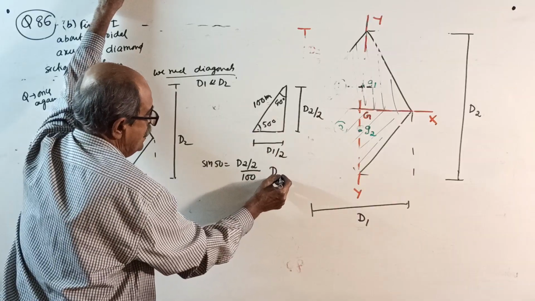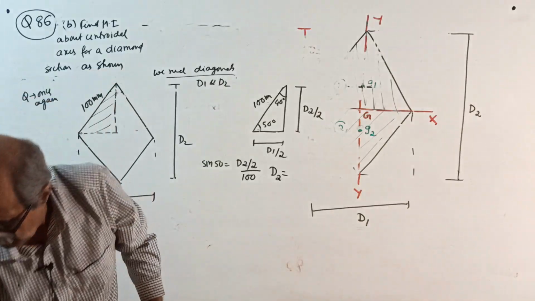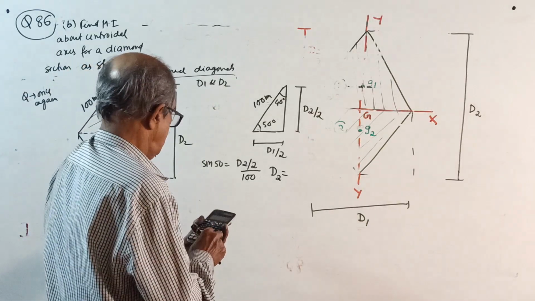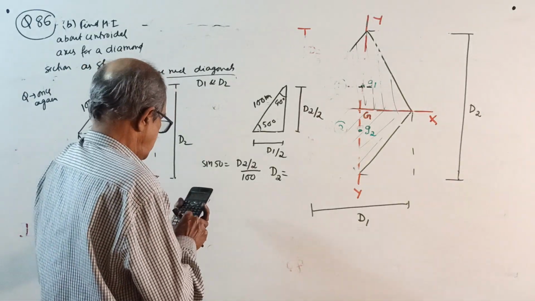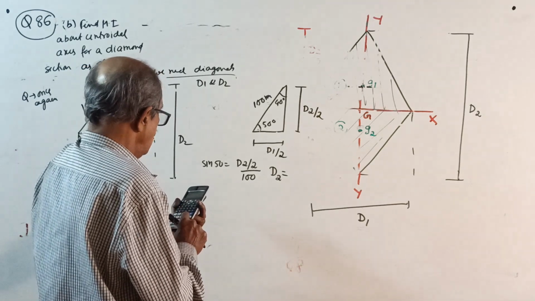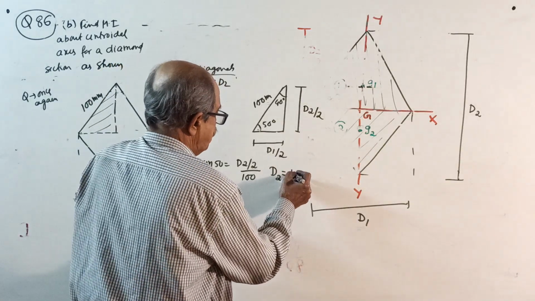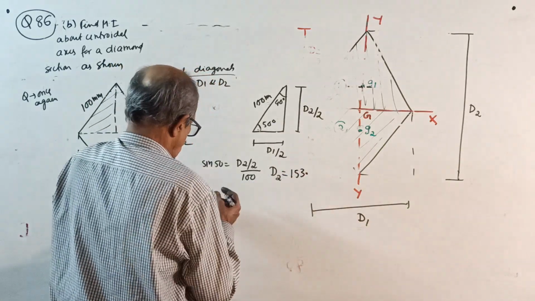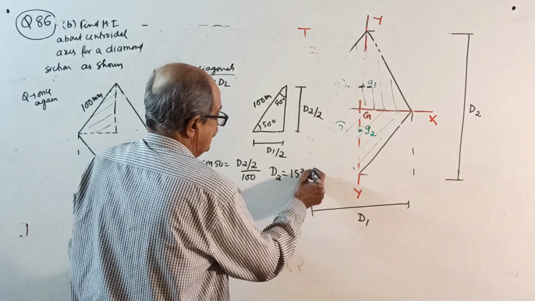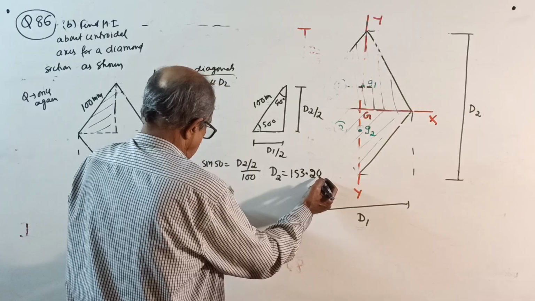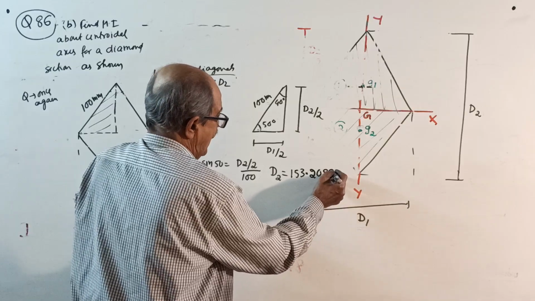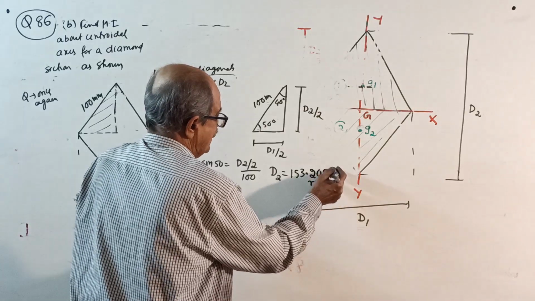So your D2 will come 100 into sin 50, that's 76 point something, into 2, which is 153.2089 millimeter.